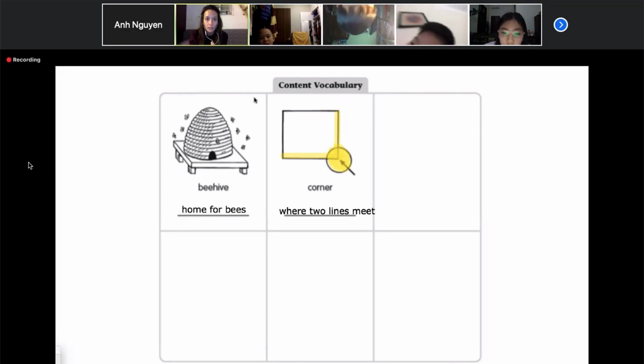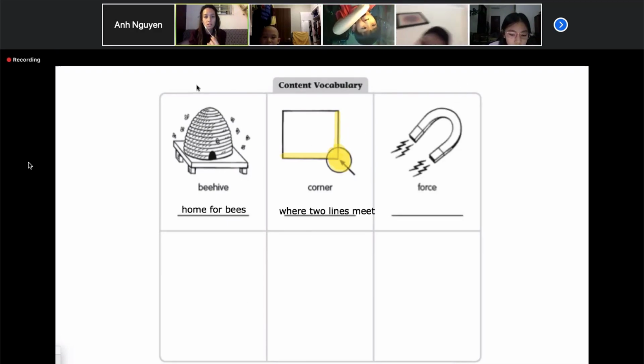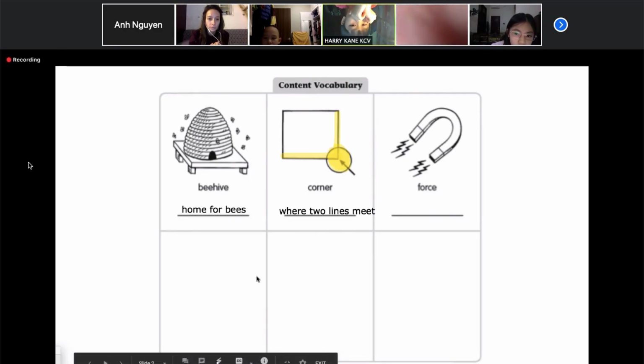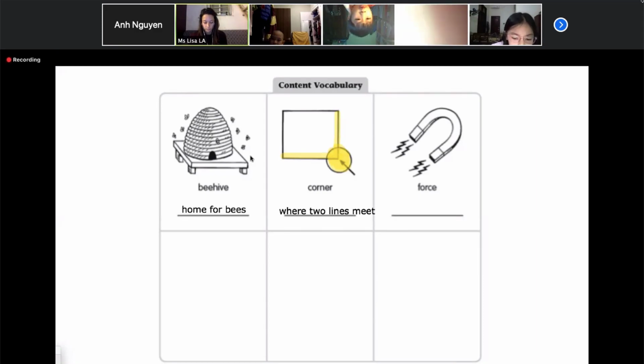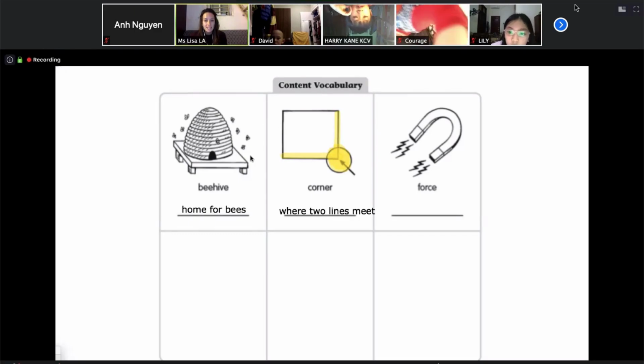So our next word is going to be force. Does anyone know what a force is? Harry Kane, what is a force? Pull or push. Okay, so we could say a force might be a pull or a push. Can we see a force with our eyes?